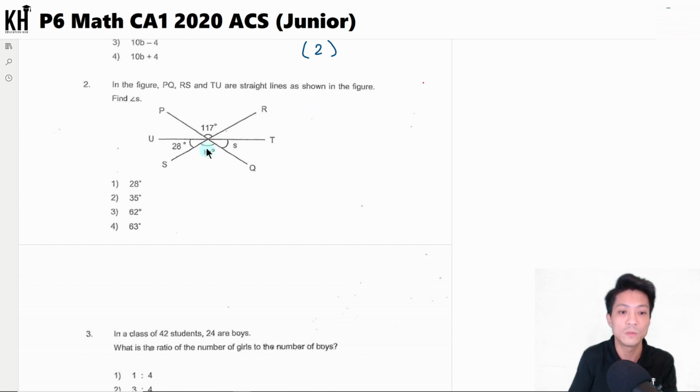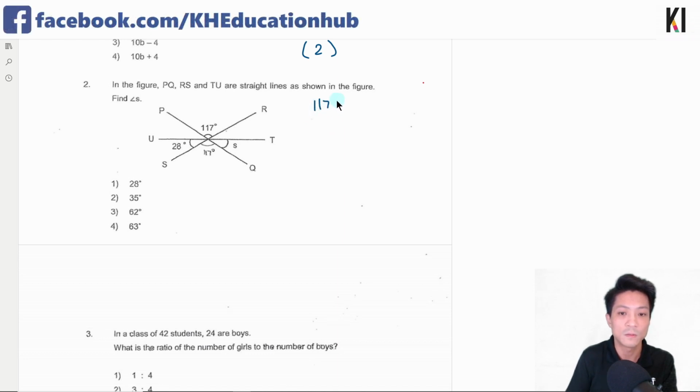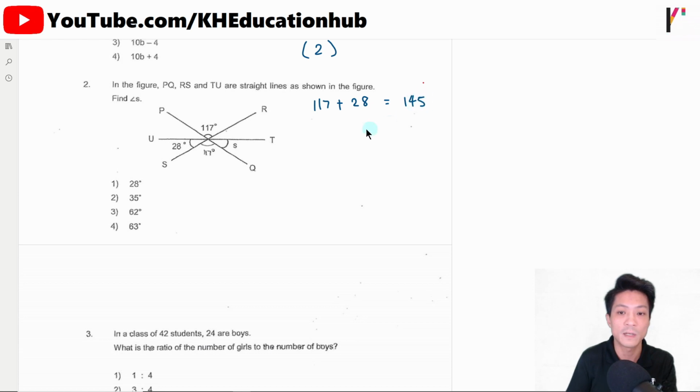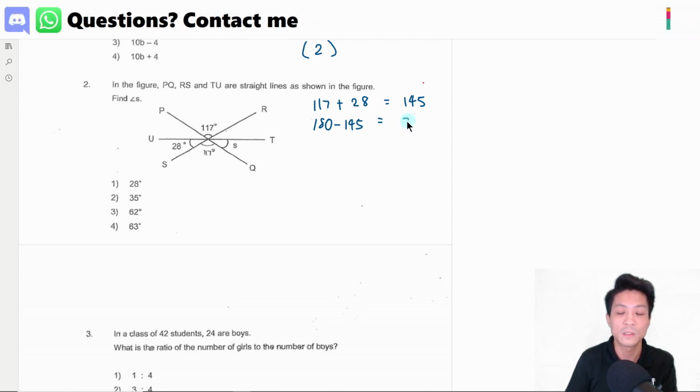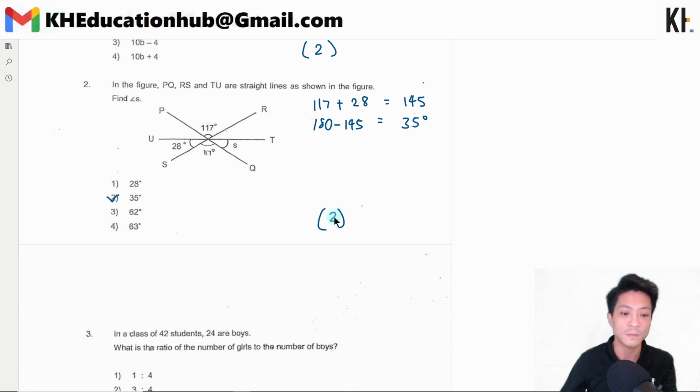So you just have to use 180 minus these two, and you will get S. What I prefer to do is 117 plus 28. This will give me 145, and then I will use 180 minus 145, and this will give me 35 degrees. Okay, the answer is again number 2.